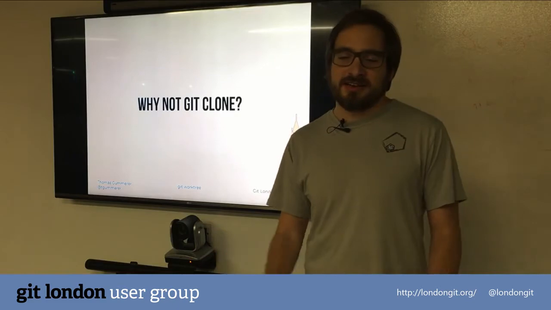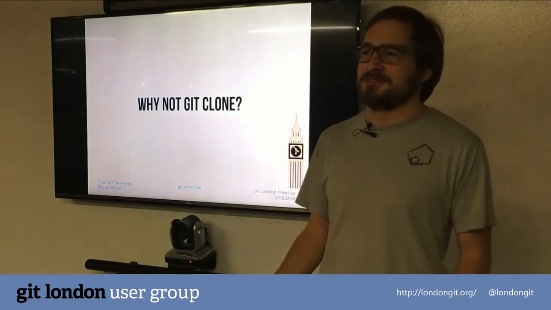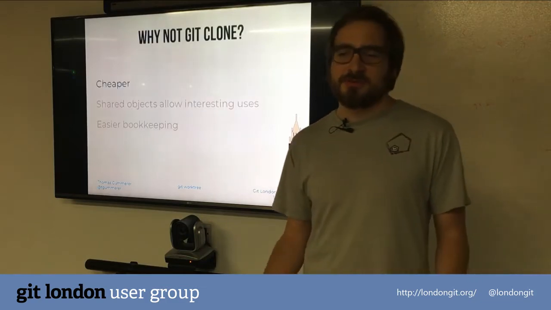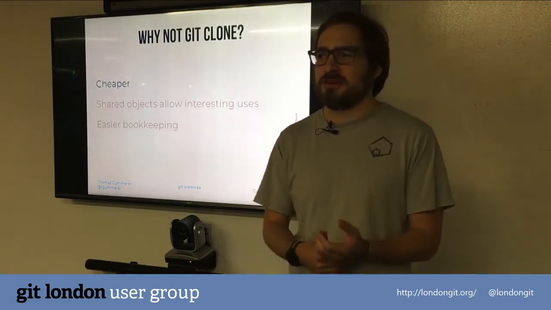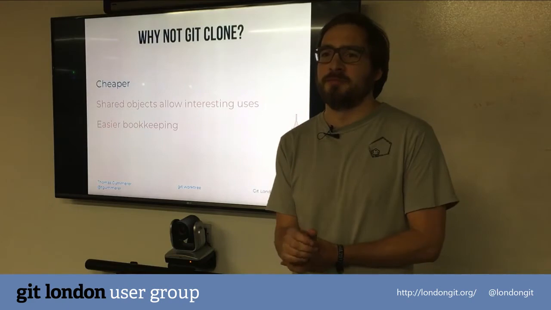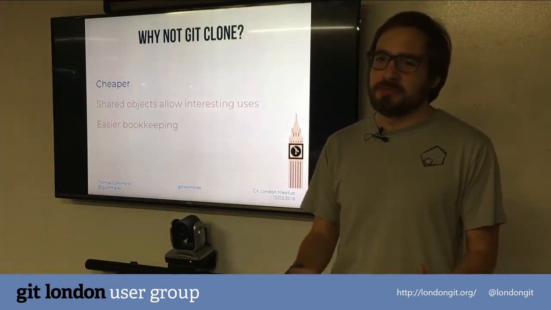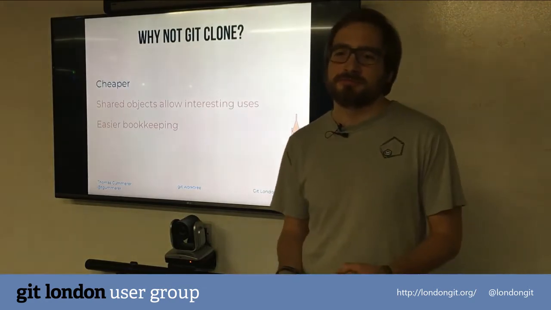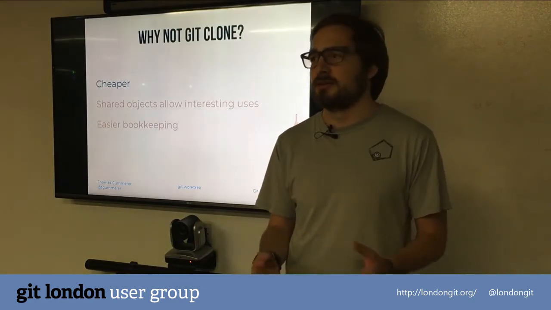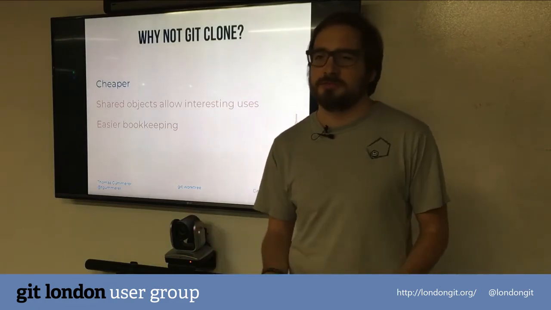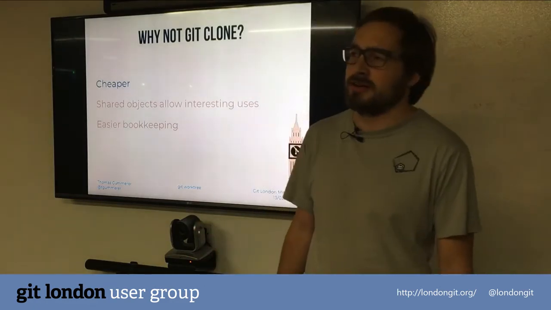So as I said, it's like a Git clone, so why not just use that? For one, it's cheaper to just create a new worktree that shares the .git directory with the main working tree. So you don't have to create new pack files or recreate everything that you already have.